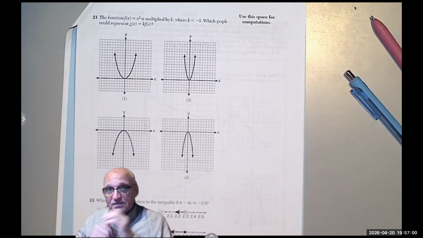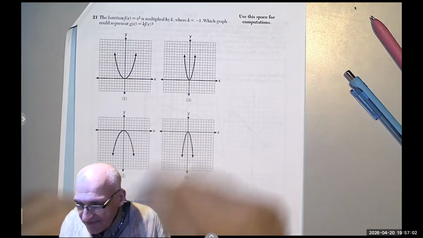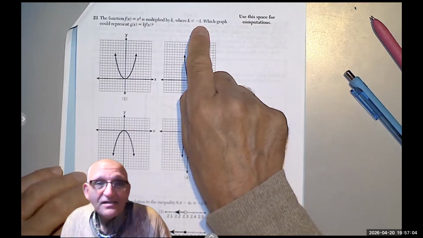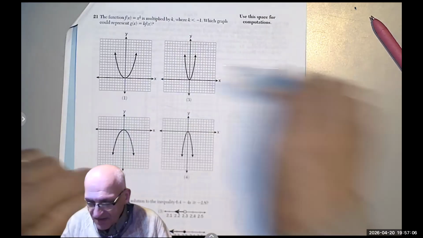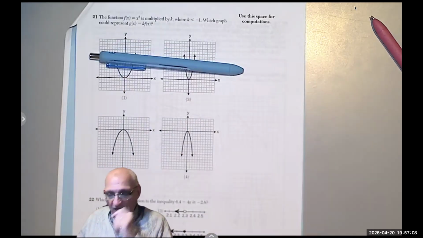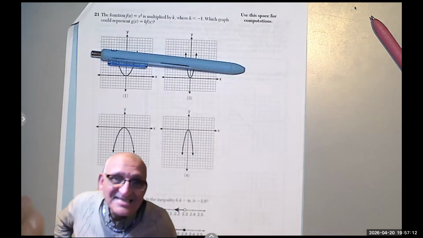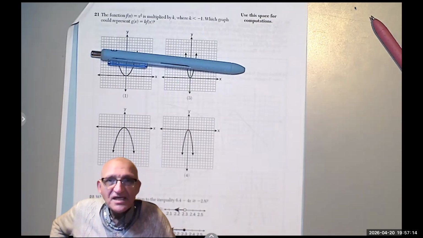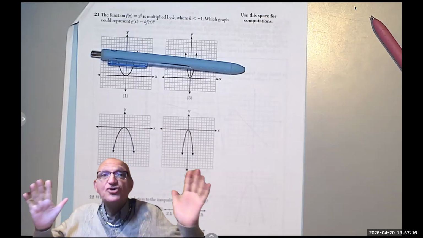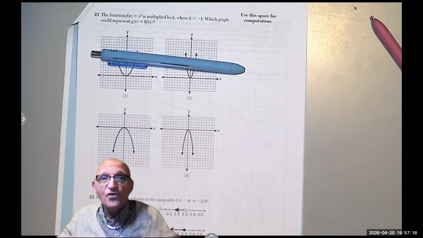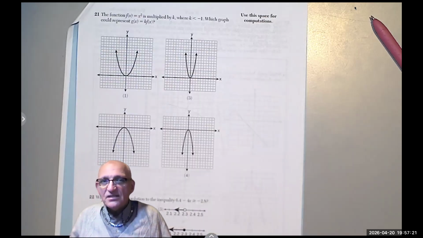You learn 2 things. First of all, if it's negative, then the parabola opens down. I can exclude 1 and 2. I'm just going to look at these 2. And k is less than -1, meaning negative, and then the number is greater than 1, 2 or 3 or 4. What does that mean?